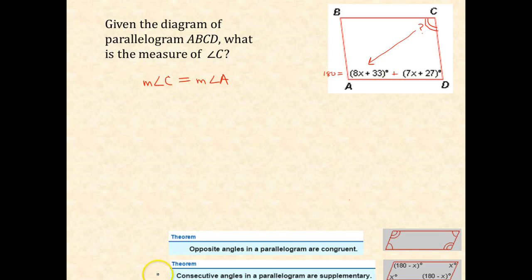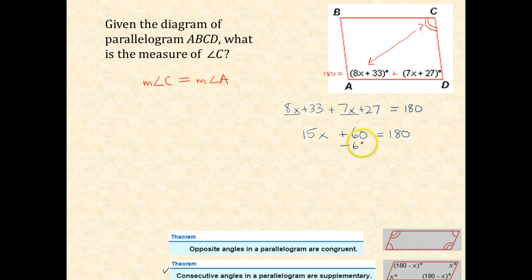First, I need to use this theorem, which says that consecutive angles are supplementary. So that means that 8x plus 33 plus 7x plus 27 equals 180. 8x plus 7x is 15x plus 33 plus 27 is 60, and that equals 180.